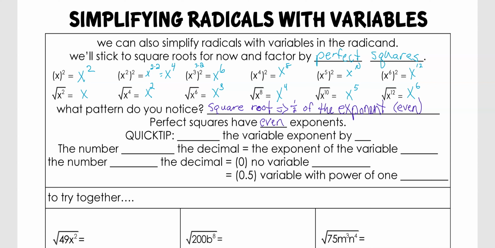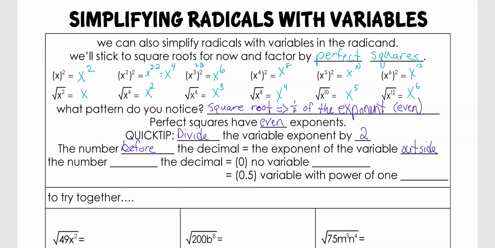Now, a quick tip. The easiest way to do this would be to divide the exponent of the variable by 2. We could do that with any index, just divide it by the index, and whatever's remaining stays inside the radicand. We'll go ahead and do a couple of examples with squares, and you'll see what I mean. The number before the decimal is the exponent of the variable outside.